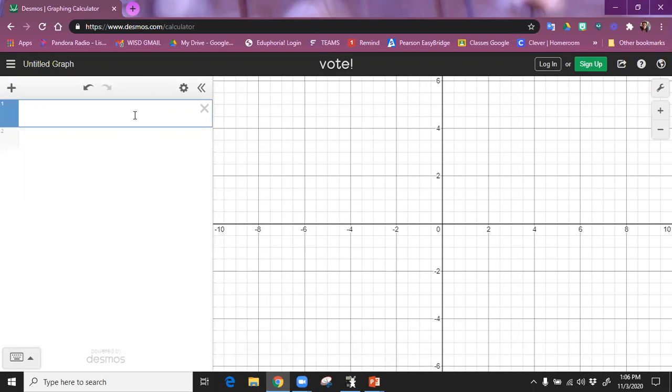All right, so I'm going to input this. I have y1 equals. When you're putting in a fraction, you have to put the numerator in parentheses. So parentheses, 337 minus 8x, and then divided by 7.